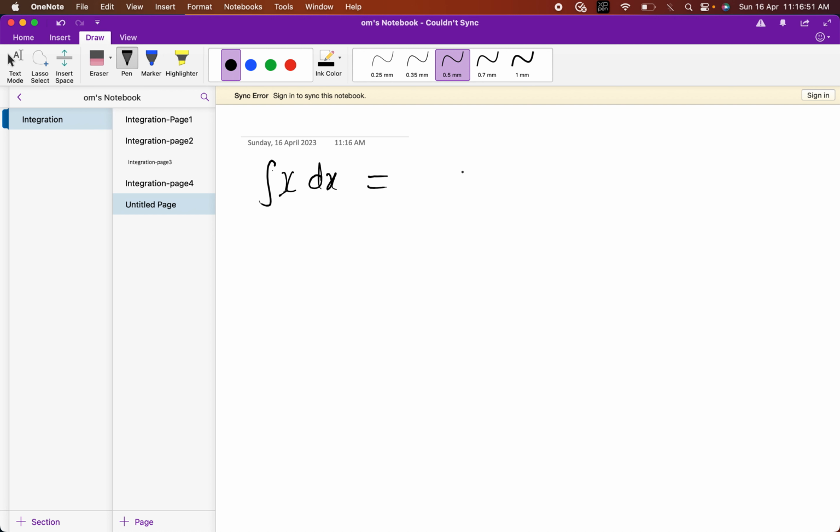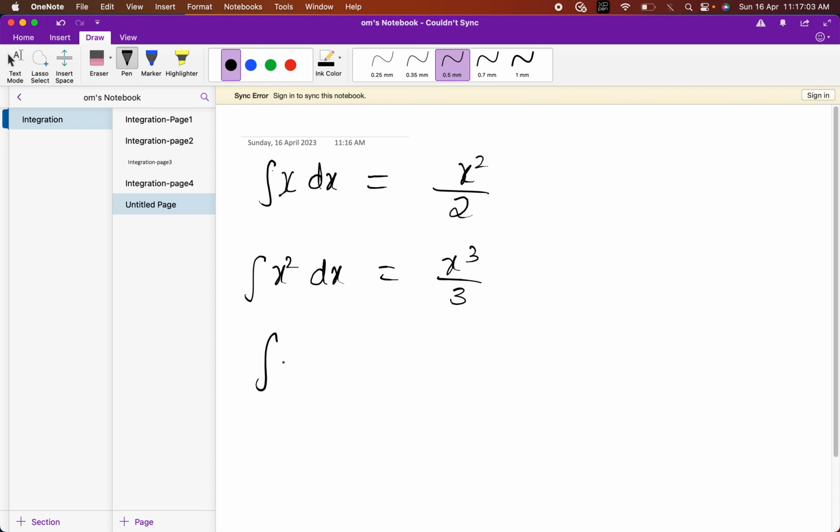Instead of saying that, can I write it as x square by 2? Integral of x square dx is x cube by 3. Integral of x cube dx is x raised to 4 by 4. All I am saying is that it's the opposite operation of derivative, right? Instead of asking you whose derivative is x, I am saying integral of.